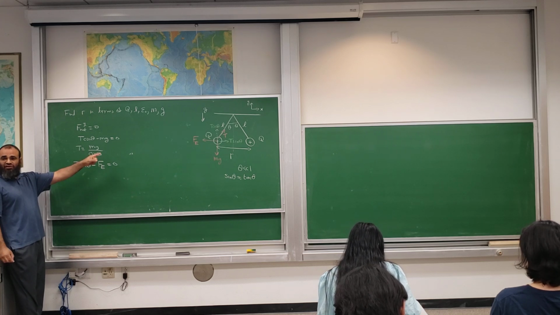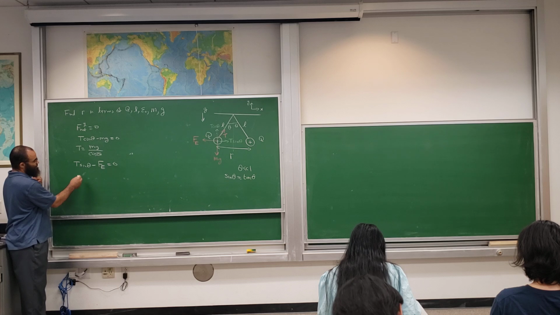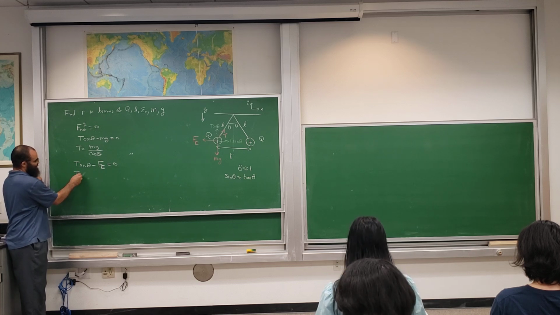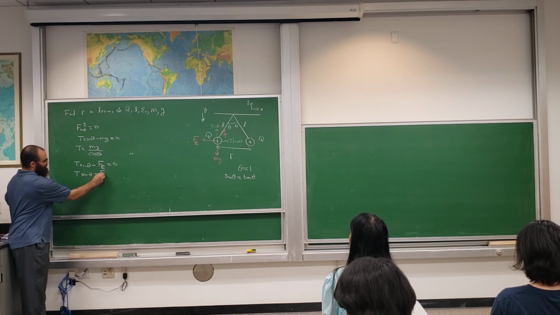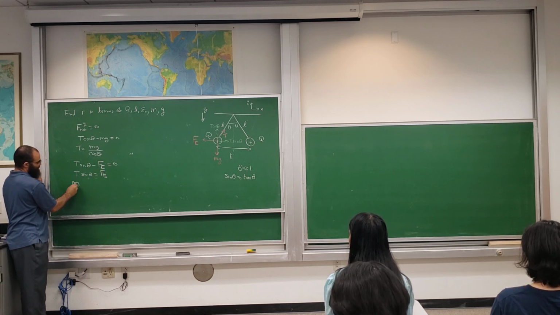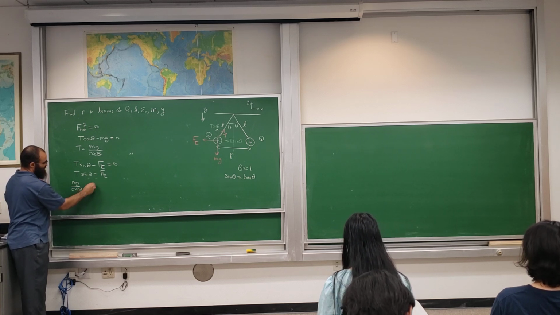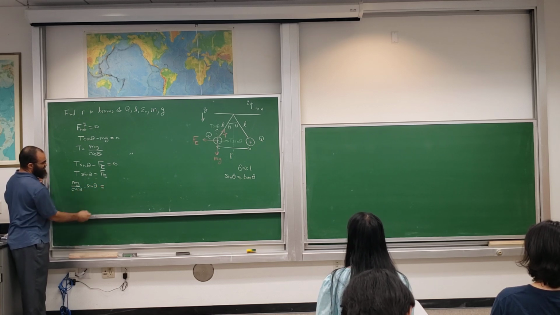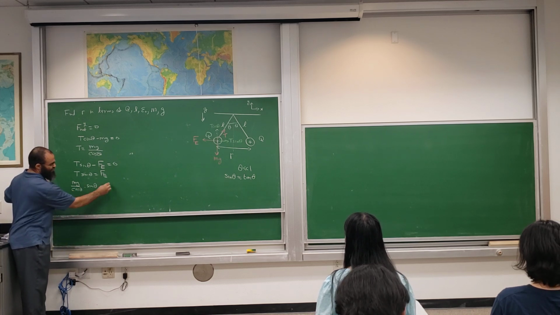It makes sense, it's repulsive. So the tension times sine of theta is equal to the electric force. The tension is mg over cosine theta, times sine theta, and that's equal to the electric force.